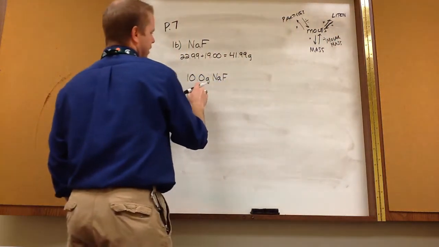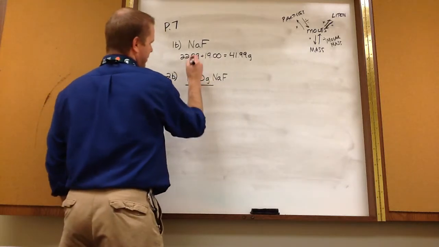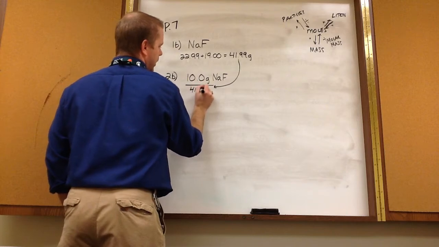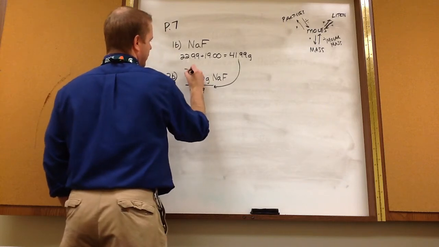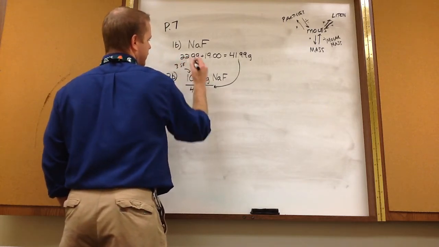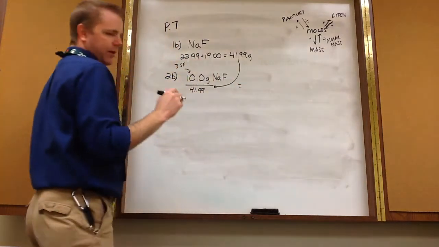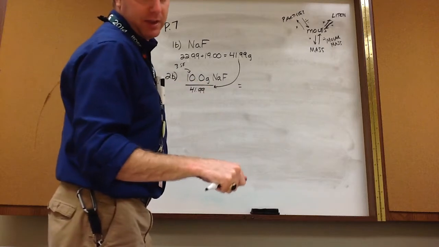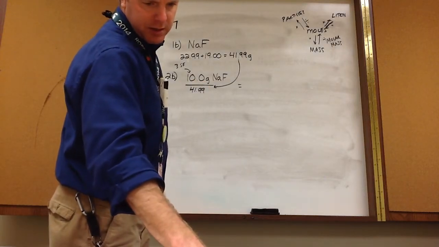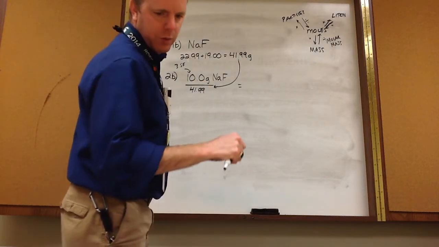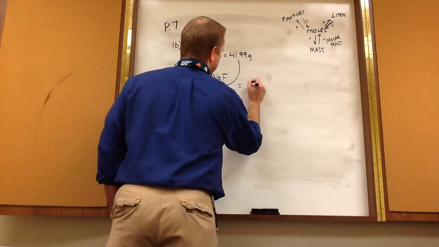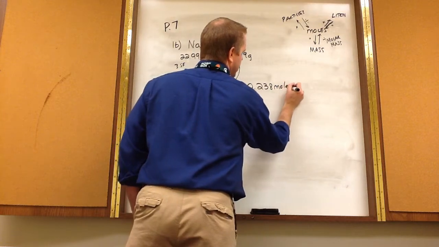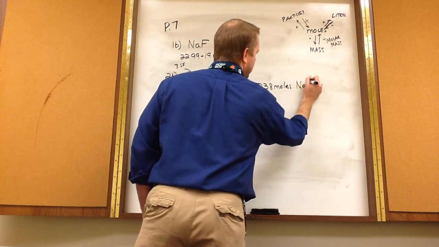So what we end up doing here is we take 10, we divide it by the molar mass, which we just calculated to be 41.99. We have 3 sig figs in our number to start, therefore our answer should also have 3 significant figures. So when we do the math on that, I get 0.238 moles. 0.238, and that's moles of NaF.